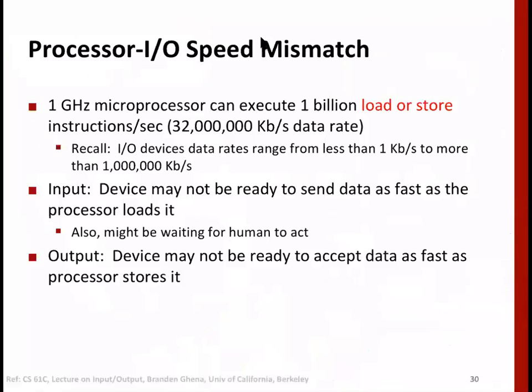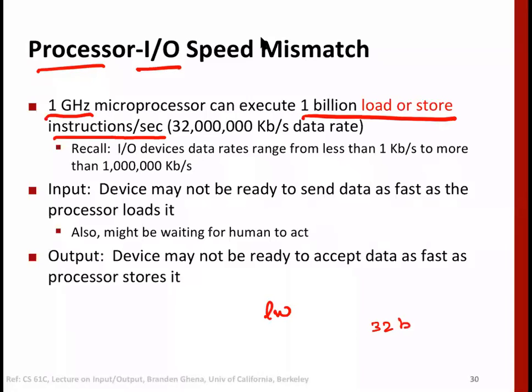We are not going to get into detail how it is actually implemented. Now, one thing we see is that there's a huge mismatch between processor and I/O speed. Say, for example, a common processor today works at 1 gigahertz. It means that it can do 1 billion load and store instructions. For each load instruction, say load word, the unit of transfer is 32 bits, or one word.